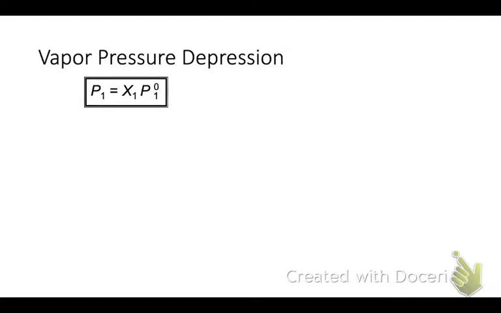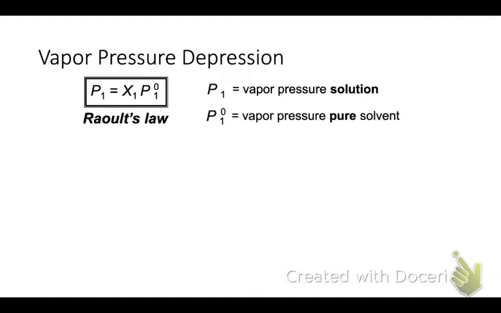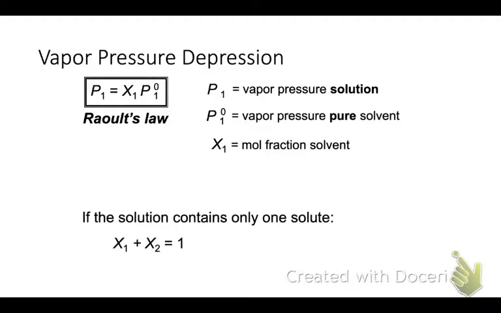We calculate that using Raoult's law. P1, the vapor pressure of the solution, equals the mole fraction of the solvent times the vapor pressure of the pure solvent before I added anything to it. In any solution, the mole fraction of the solute plus the mole fraction of the solvent equals 1, assuming one solute in the solution.